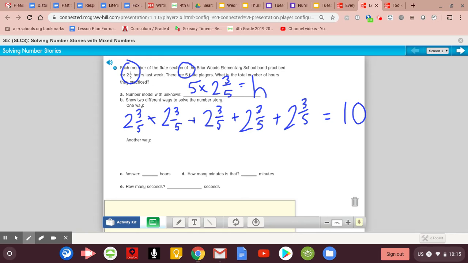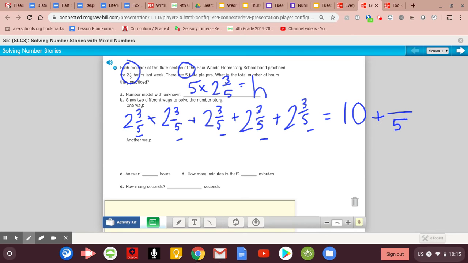And then I'm going to add the 3/5 plus 3/5 plus 3/5 plus 3/5 plus 3/5. Just like this. So I'm just going to add the numerator. You just add across that top number. I know that the denominator stays the same. It's going to be 5.